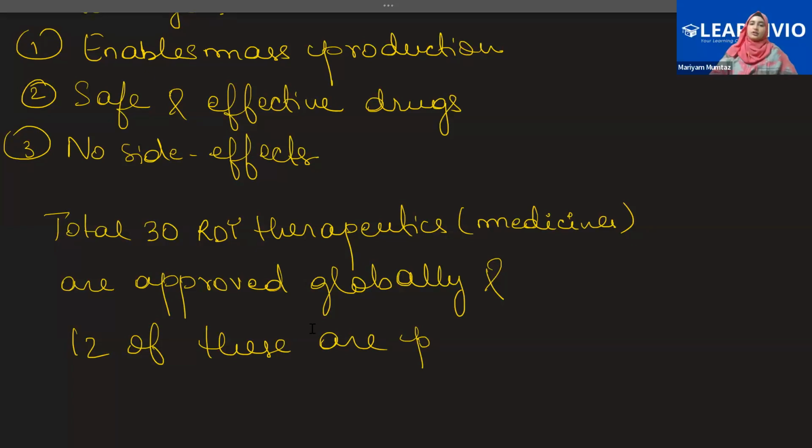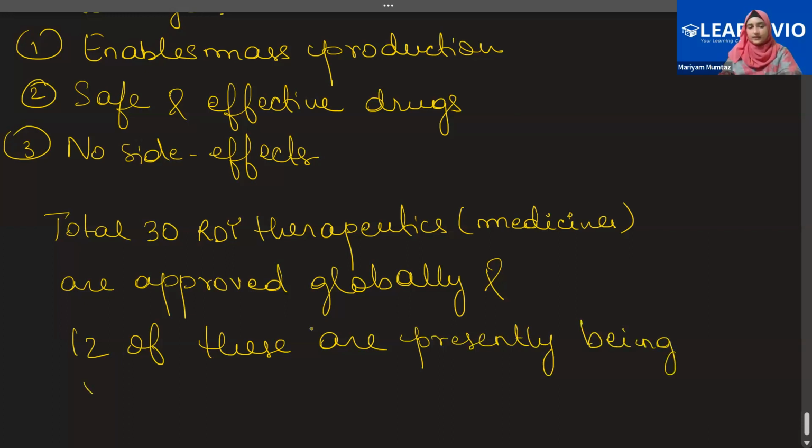So out of the 30 recombinant DNA therapeutics that have been approved, 12 of them are presently being marketed in India. Okay, meaning in India it has been used.